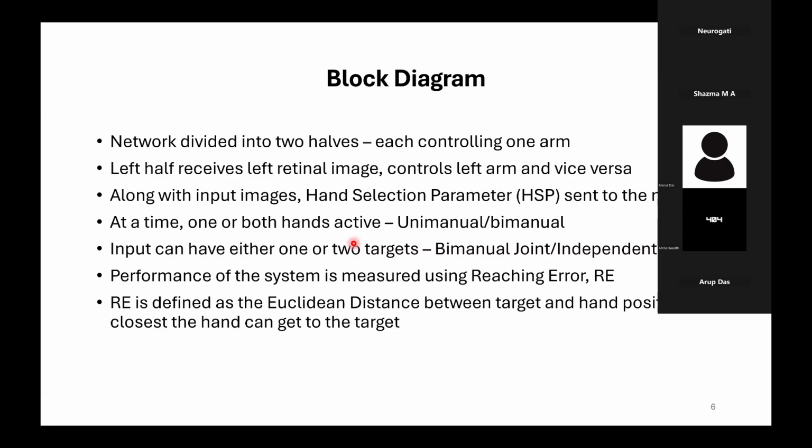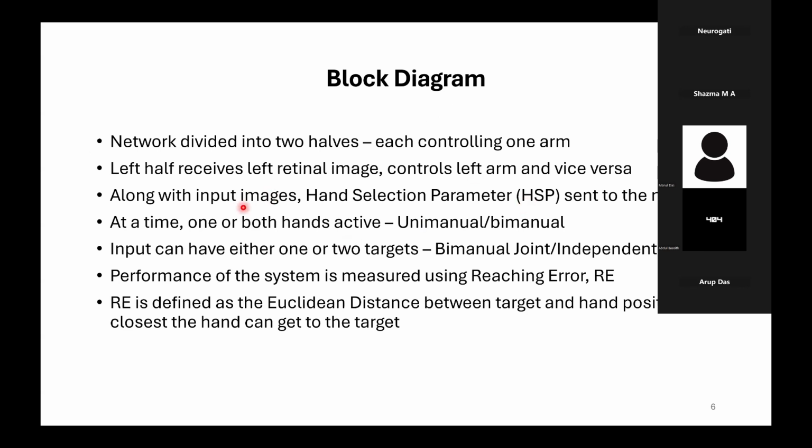Unlike the brain, in which the left half of the brain receives the information from the right half of the world and then controls the right half of the body, we're not going to assume this sort of symmetry. We're just going to have the left half receive the left retinal images and the right half receive the right retinal images and control the corresponding arm. This is just done for simplicity. It does not actually have any impact on the output itself.